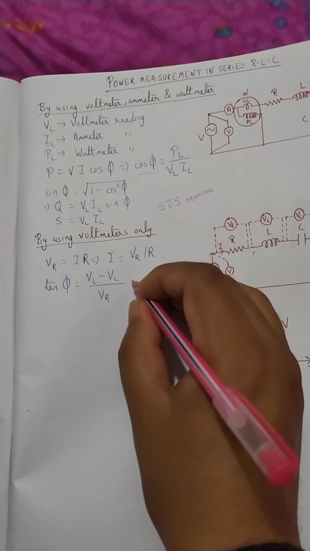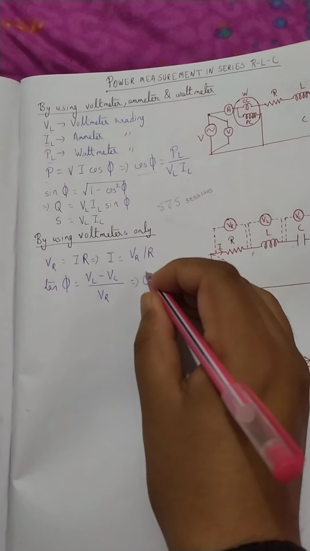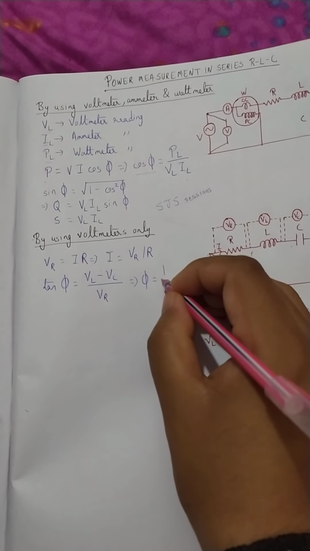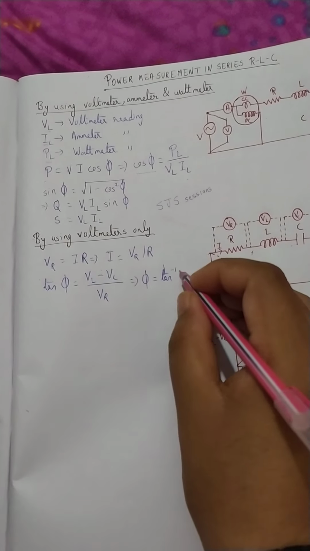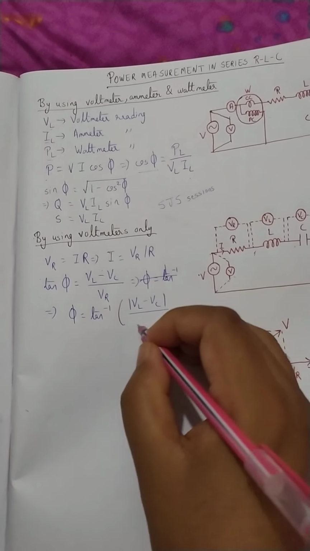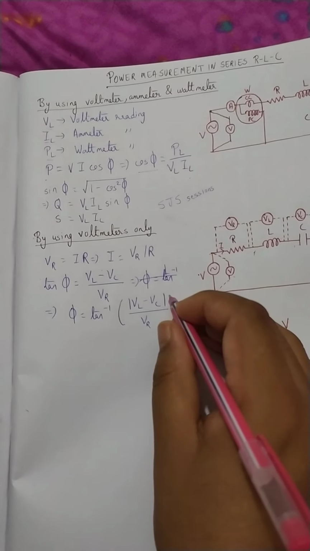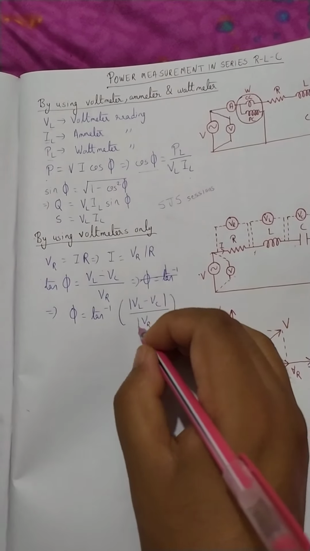Or in general, phi is equal to tan inverse of the magnitude of VL minus VC by VR, the magnitude. We can write it in this way also. So we are getting phi.